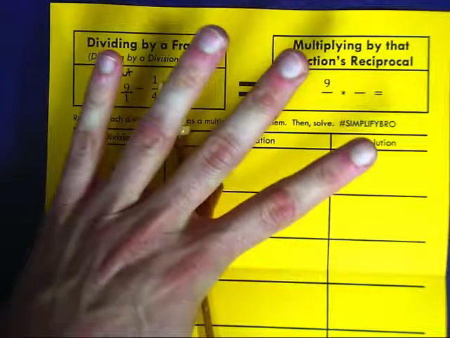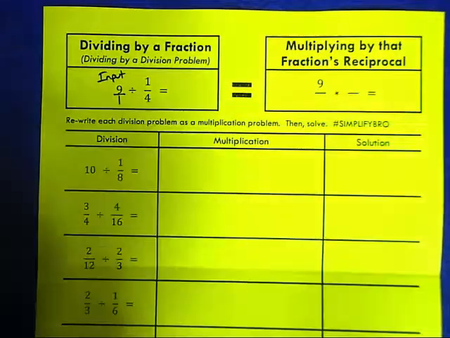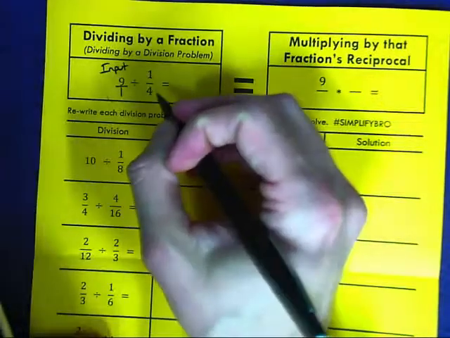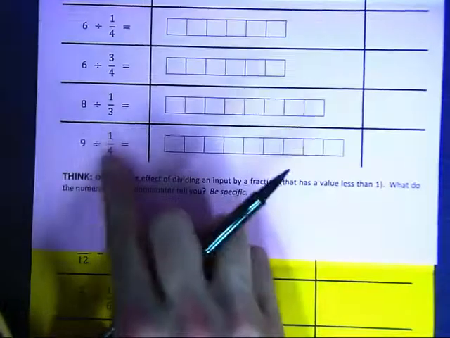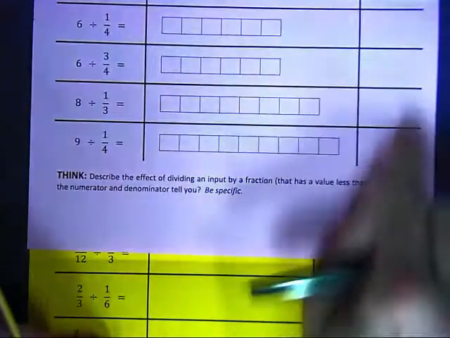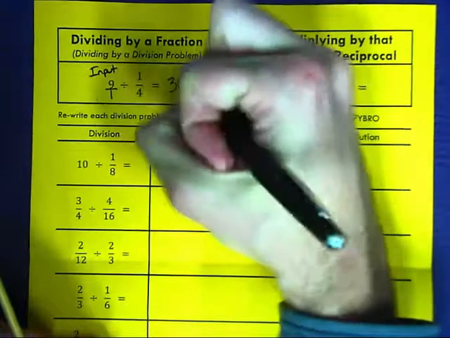Well, that's 4, and we're only at 1 whole right now. This is a problem we did on the previous activity, cutting wood. If you go back and look at cutting wood, 9 divided by 1/4, you should have an answer, and that answer should be 36.